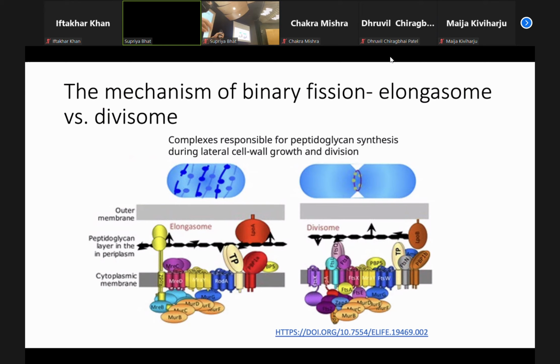They're not present in the elongosome. And then the penicillin binding proteins are the ones that actively recruit peptidoglycan molecules into the growing peptidoglycan polymer, either at the divisome or at the elongosome. Okay, is that clear now? Any questions?